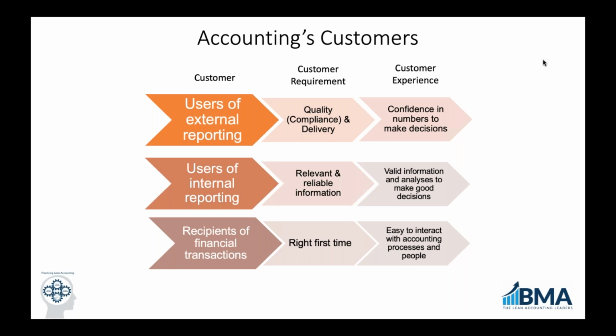Externally, we're transacting with the company's customers from a billing and payments perspective, and with the company's suppliers from a supply chain perspective. Internally, we're interacting with employees, whether it's payroll or expense reimbursement. But we have recipients of financial transactions, both internal and external to the company, who want those transactions to be right the first time, and they want it to be easy to interact with us in accounting in order to get the results of those transactions.